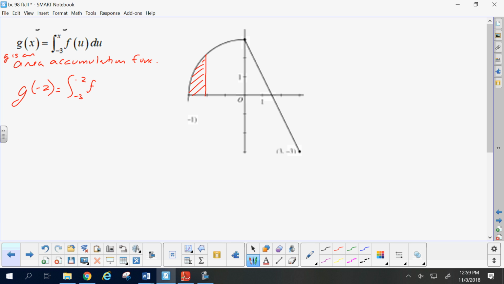That right there is g of negative 2. What if I ask for g of negative 1 visually? It's the area from there to there, yeah? So far? So G is an area accumulation function.